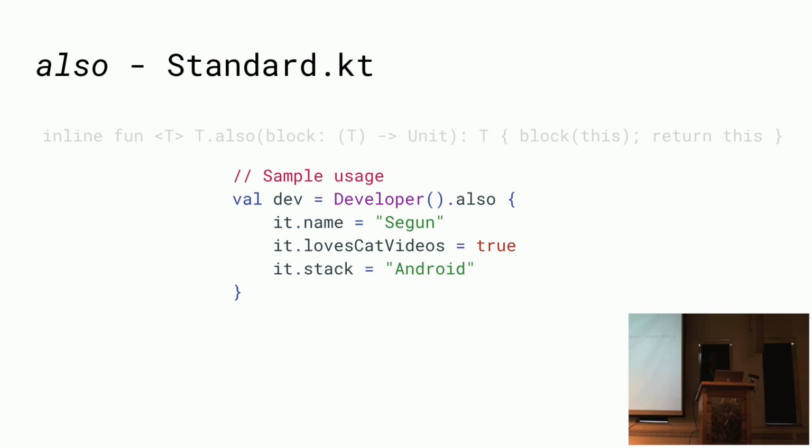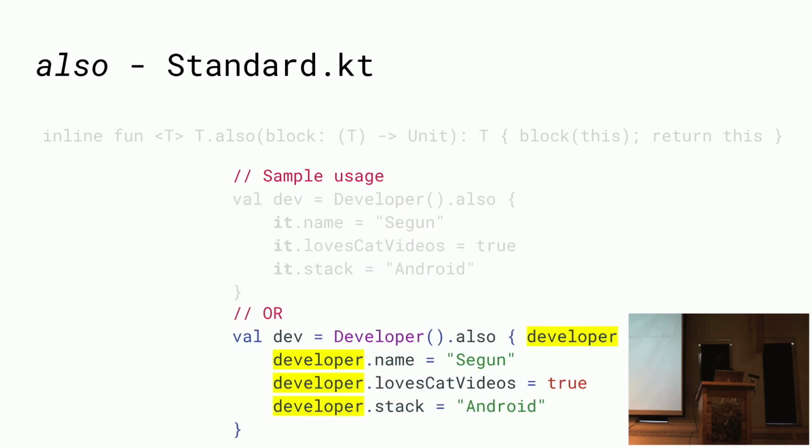But in this case, it's really simple. We just do developer.also. And the interesting thing is that within the block of the also, we already have access to the developer object that was created just before that block. And we can reference that receiver as it in this case. Or like I said, we can rename the it into something easily understandable by your teammates.